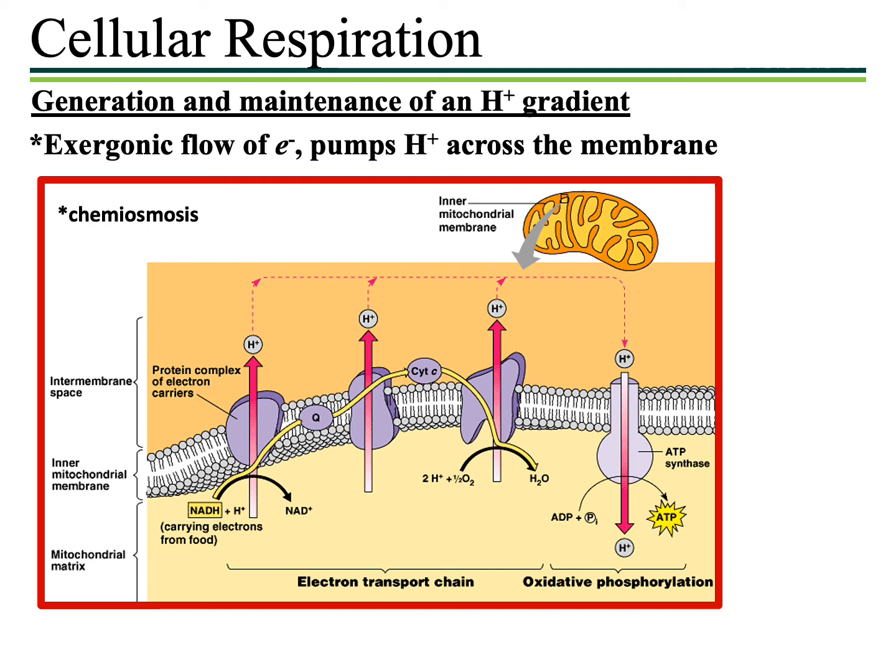The lighter orange color represents what's known as the mitochondrial matrix, and the darker orange color highlights what's known as the intermembrane space.